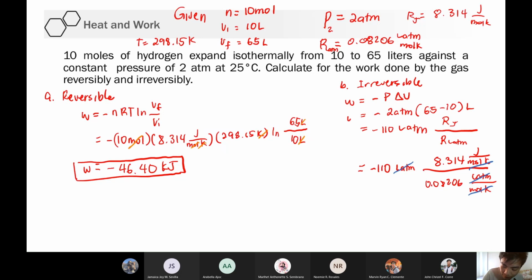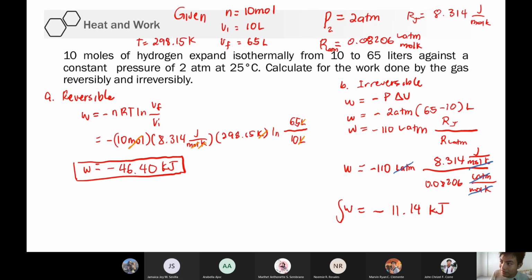Okay, so joule na lang yung natira. Okay. Pindot. 10, 110, 8.314, 0.08206. Answer is negative 11.14 kilojoules. Okay. Kilojoule na yung answer.